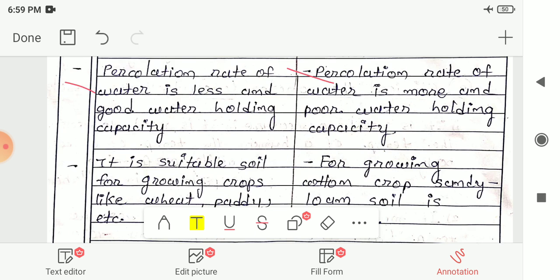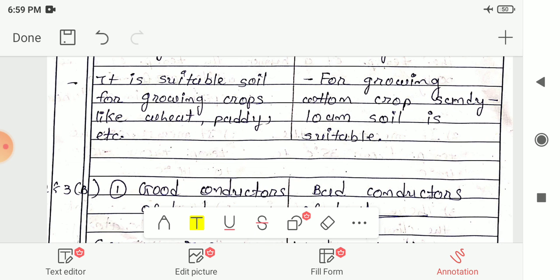Next, clay soil is suitable for growing crops like wheat, paddy, etc., and sandy soil is used to grow crops like cotton. For growing cotton, sandy loam soil, the mixture of sandy soil and loamy soil, is suitable. So this is the difference between clay soil and sandy soil.